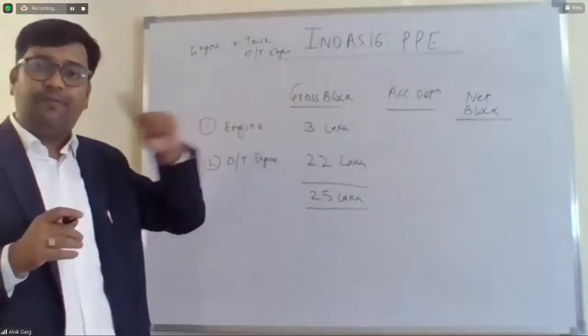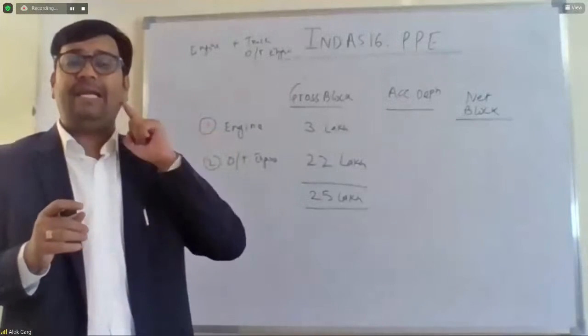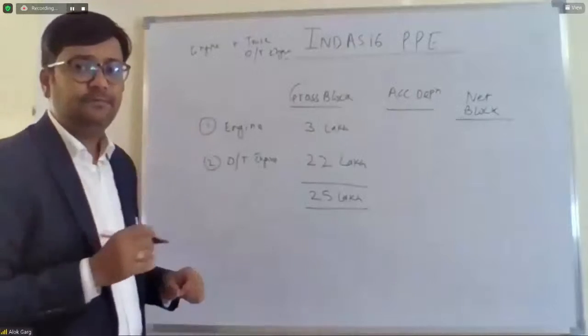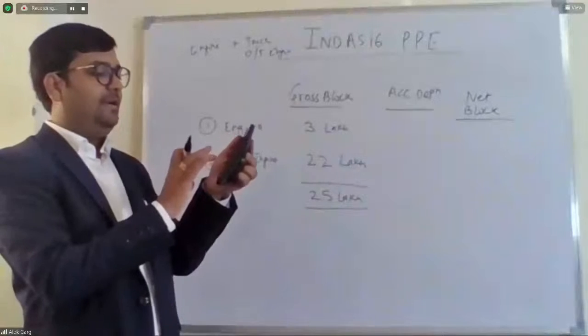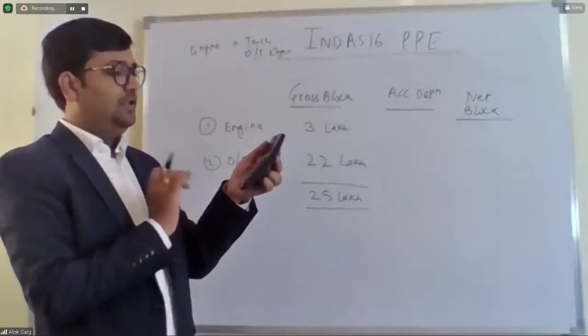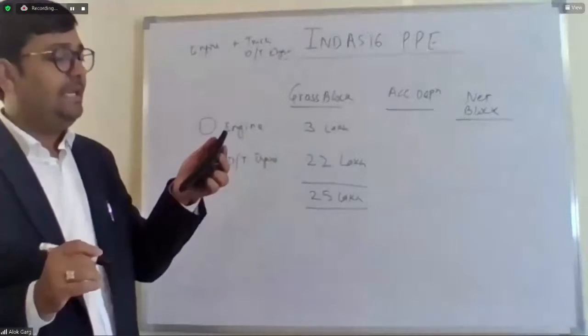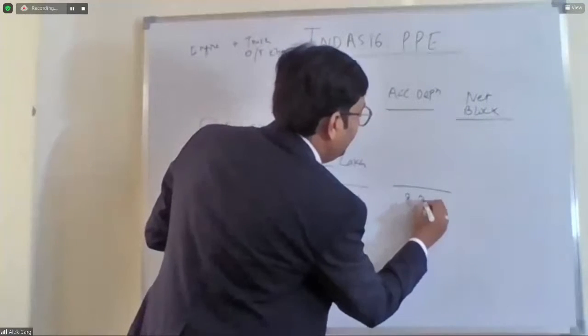Now the life is 15 years. At the end of 5 years, because we are replacing at the end of 5 years, what will be the accumulated depreciation till 5 years? 25 lakh divided by 15, the total life, multiplied by 5. So the total depreciation is 8.33 lakhs.